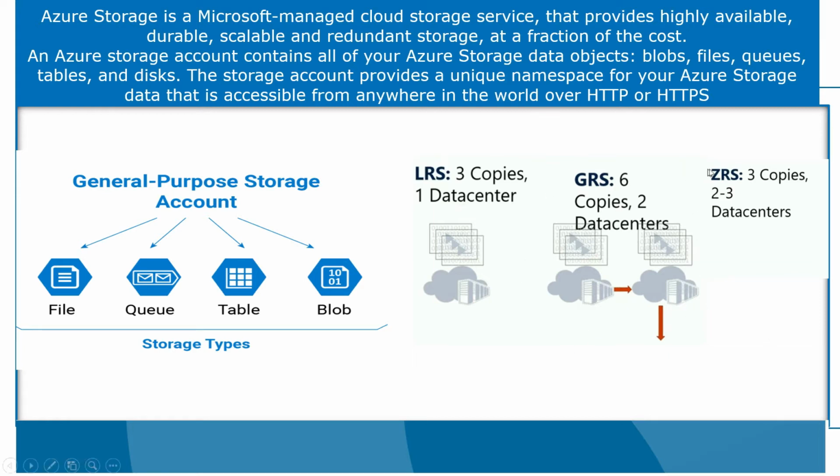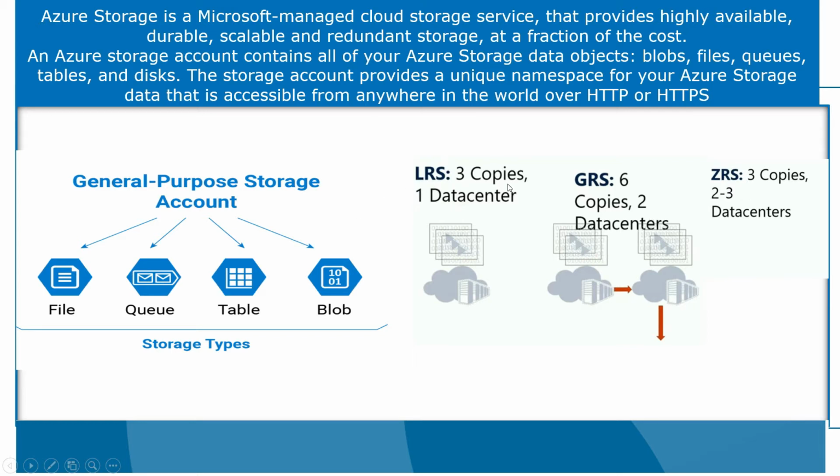What is ZRS? ZRS means zone redundant storage, and it will make three copies of your document or data, and it has two or three data centers. ZRS is basically used for blob purposes. So hope you got my point. What is LRS, GRS and ZRS?